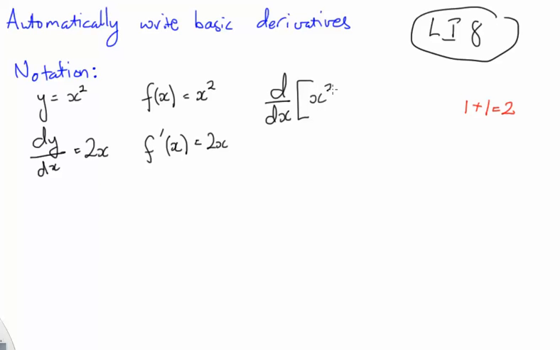So I can put x squared in here, and this is saying d dx of x squared equals 2x. So this is operating on x squared. Another way to think about it is, this notation is kind of like if you subbed in x squared, because y equals x squared, into here. You would get this notation. Can you see that? Because the y gets replaced by the x squared.